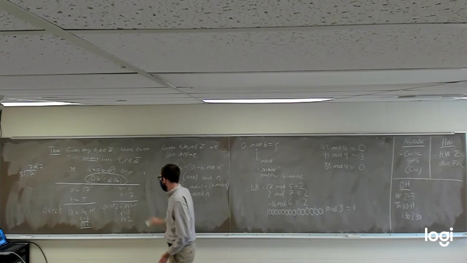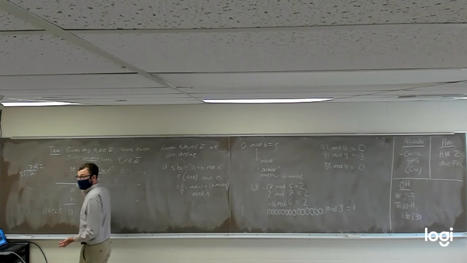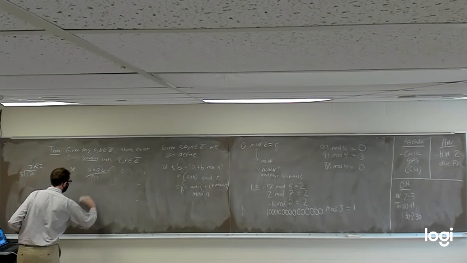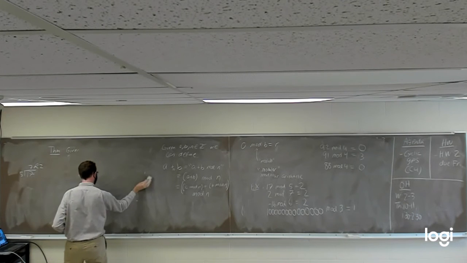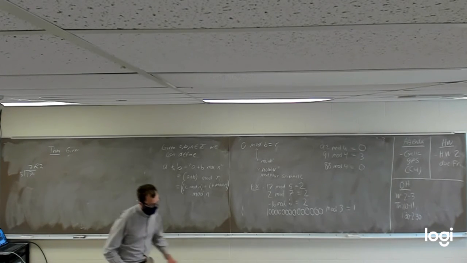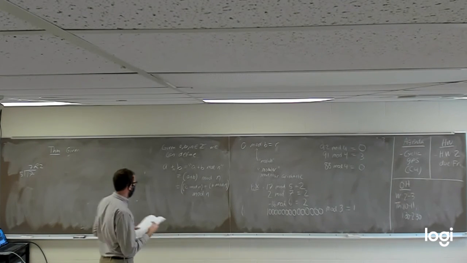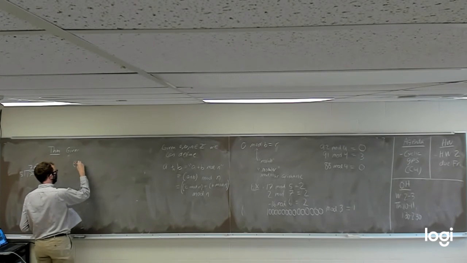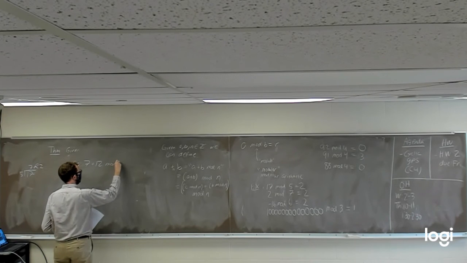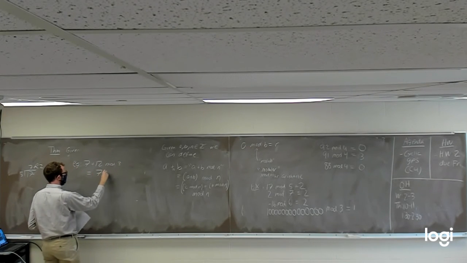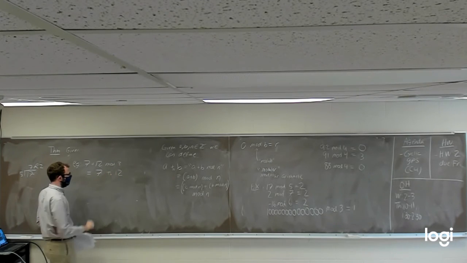Let's do an example of this. Let's say we wanted to look at 7 plus 12 mod 3. Which, if we wanted to, we could write it like this. 7 plus with a little 3 on it, a 12.